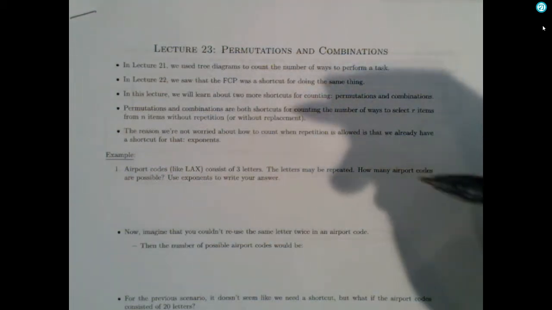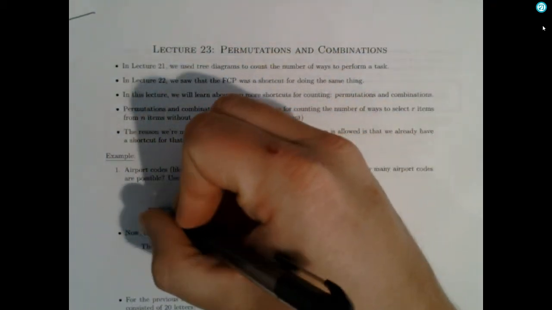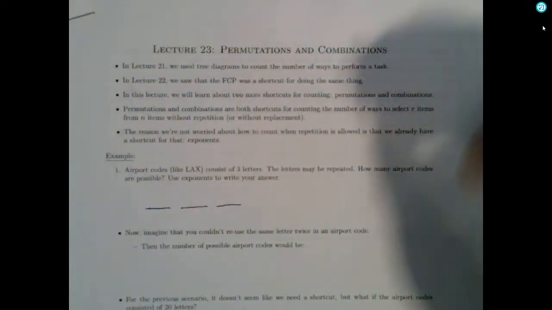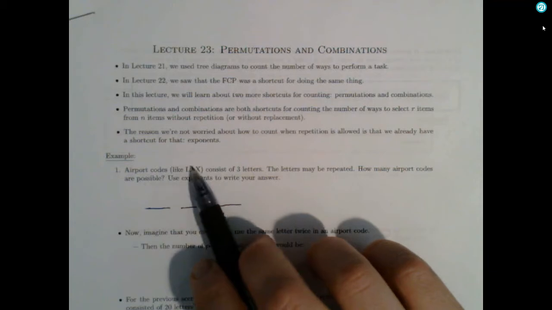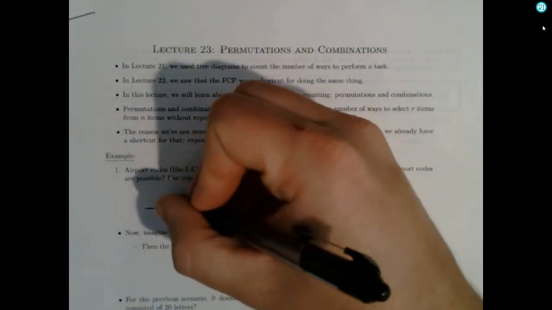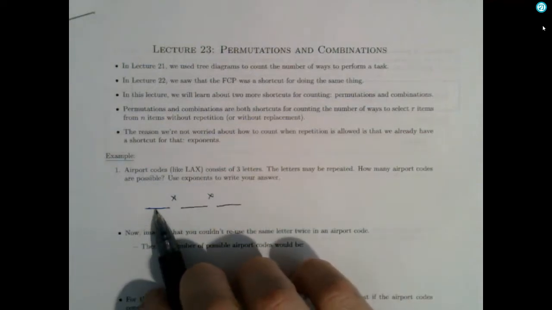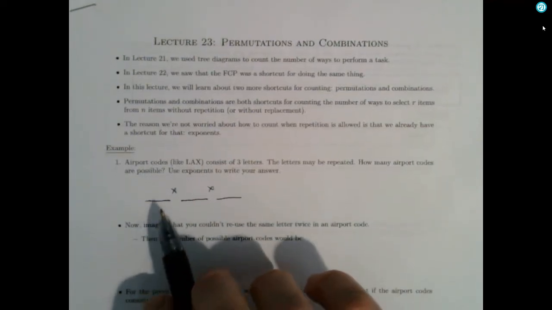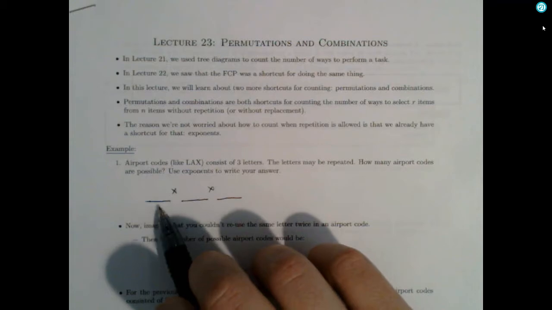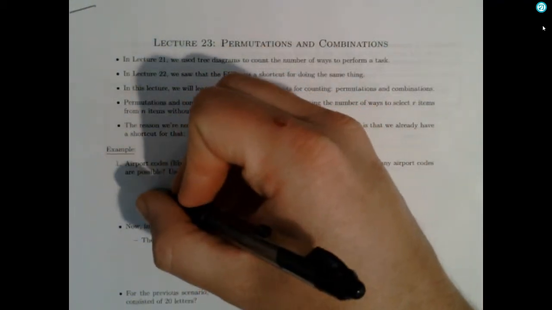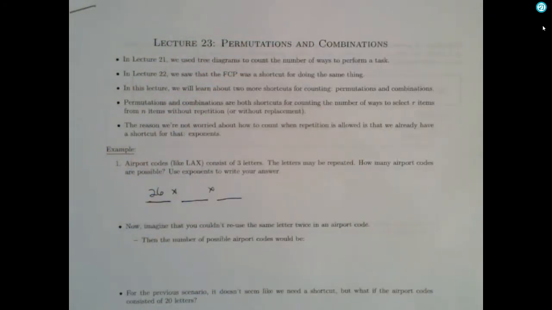So I'm actually going to start with a slot diagram, okay? Because I need to make 3 choices. I need to choose 3 letters to form my airport code. And the question is, how many letters do I have to choose the first letter in my code? So how many options are there? Well, there are 26 letters in the English alphabet. So there are 26 possibilities for the first letter.